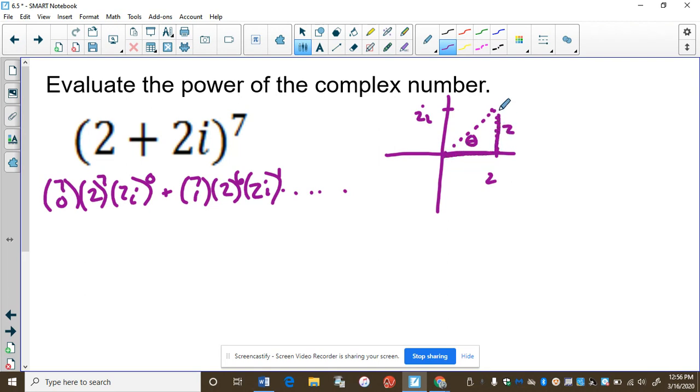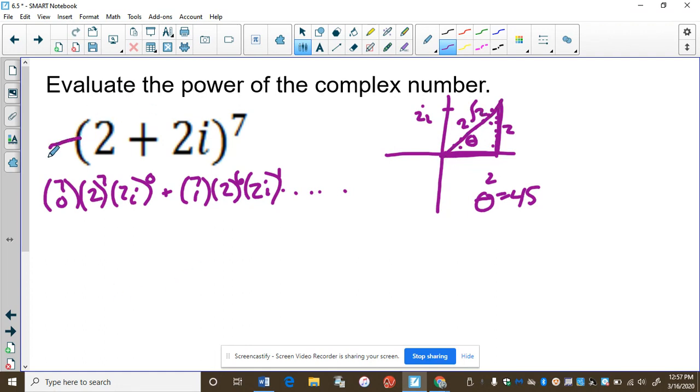This right here is an isosceles right triangle, so I know that theta is 45 degrees, 2 and 2. And since it's a 45, 45, 90 triangle, and this is 2 and this is 2, I know that the hypotenuse is going to be 2 radical 2. That's our modulus, the absolute value of this number, its distance from 0 is 2 radical 2.